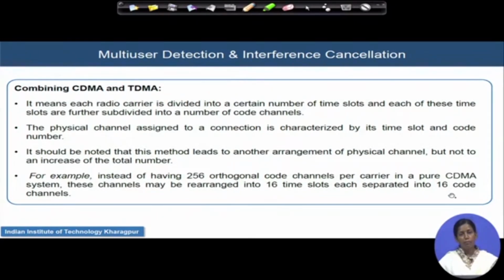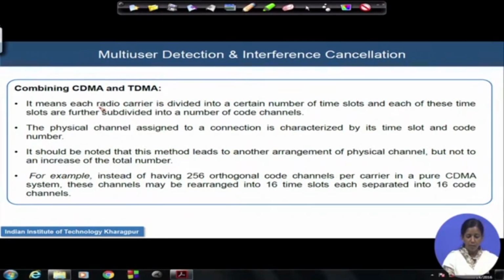So, the next option people thought about is a combination of CDMA and TDMA to handle the interference in a CDMA network. What is that? This combination means that each radio carrier is divided into a certain number of time slots, and each of these time slots is further subdivided into a certain number of code channels.